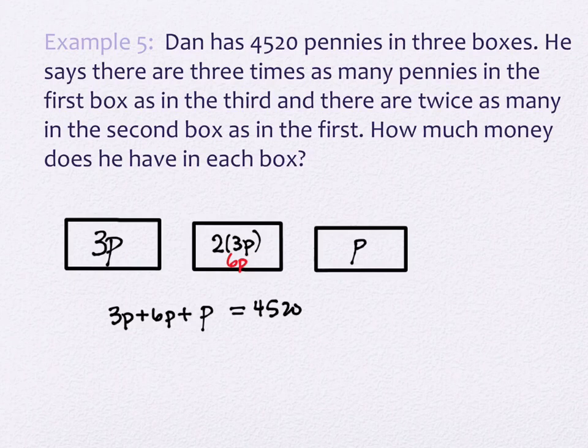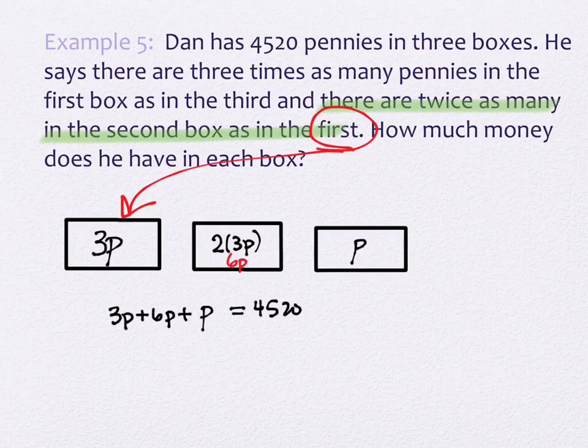Okay, so what is 3P plus 6P plus P? I'm so confused why we put the 3P there in the middle box. Because it says there are twice as many in the second box as the first. The first box had 3P in it.